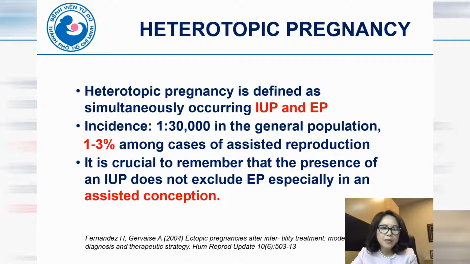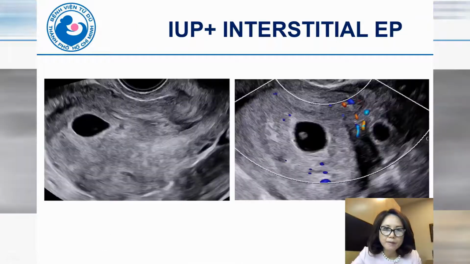However, it is up to 1 to 3% among cases of assisted reproduction. It is crucial to remember that the presence of an intrauterine pregnancy does not exclude an ectopic pregnancy, especially in assisted conception.